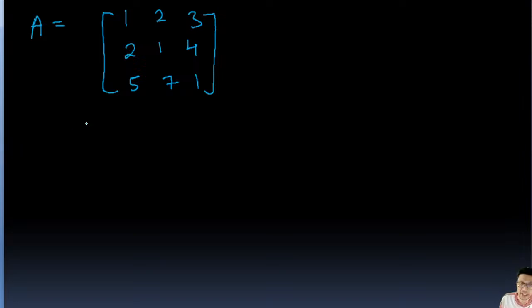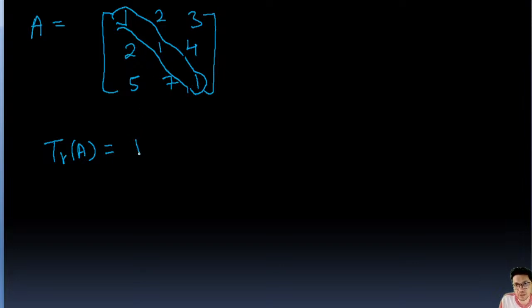So now we can easily find the trace of A. We denote it as trace of A. In short, trace of A is the sum of principal diagonal elements. These are the principal diagonal elements: 1 plus 1 plus 1, which is 3. So trace of A is 3. Very simple, guys.